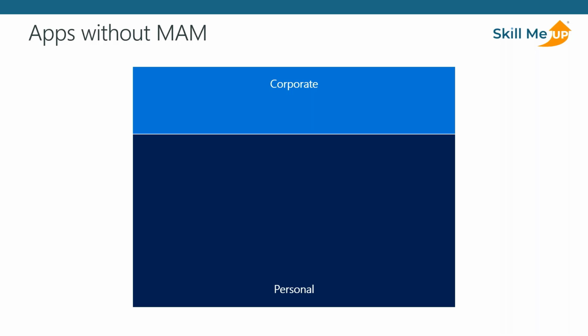So if we were to look at what this works out as, if I'm doing apps without MAM on a normal device, you have corporate and personal. Like my phone, for example, I have access to my corporate email, and then I also have access to Twitter, for example, which is personal. Now, of course, we have the device storage on the phone, and the problem is when apps are used without restrictions, company and personal data gets intermingled with each other.